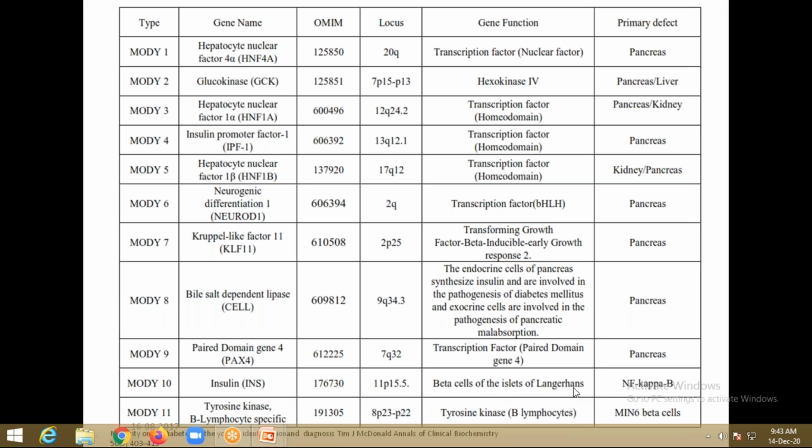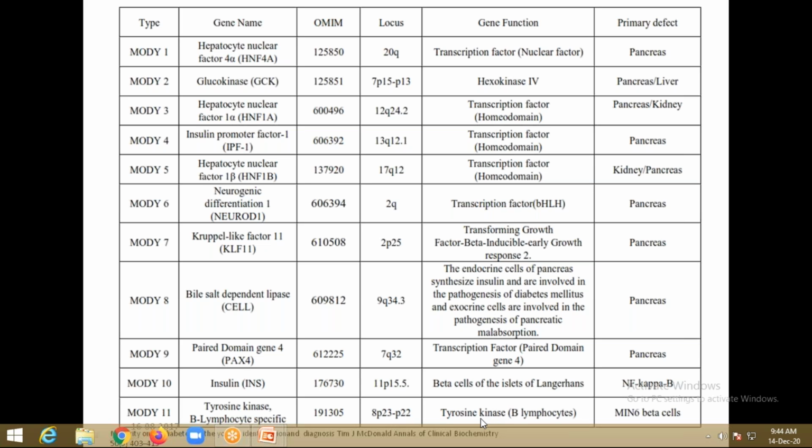The beta cells of the islets of Langerhans are the problem. So you have a deficiency of the insulin gene, and so of insulin, leading to diabetes. Nuclear factor kappa B is involved. And MODY 11, it is the B lymphocyte specific tyrosine kinase gene, on chromosome 8p23 and p22.